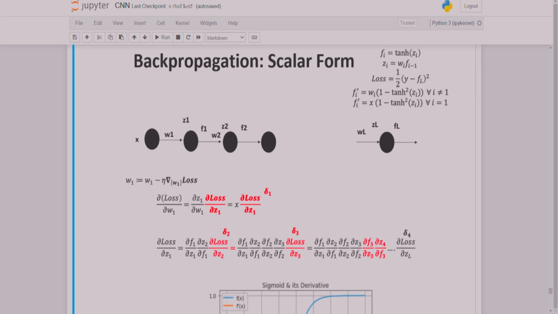So I may multiply 4 times, 0.25 to the power 4, which is very small. Into the other terms, which are also smaller, you get a very small value. So maybe you get a value here, maybe you get a value here, and you may not get a value here, because of this kind of calculation. This is just 4 neurons connected one after the other, out of which 2 are hidden layers. I just wanted to show you that this is what is ultimately going to happen.